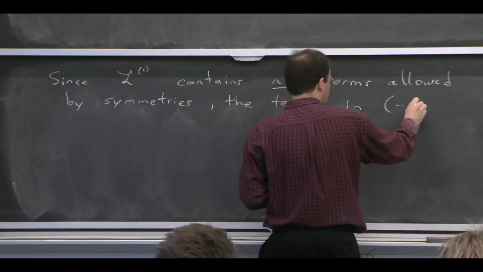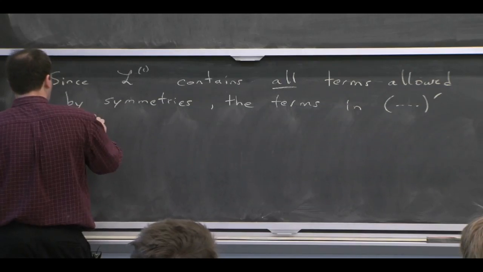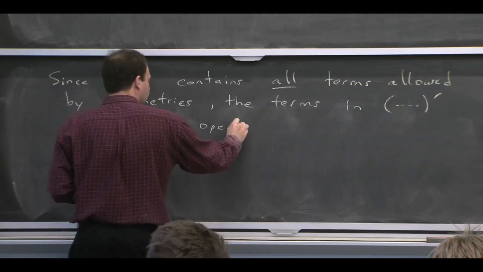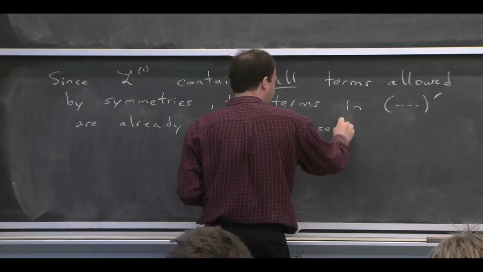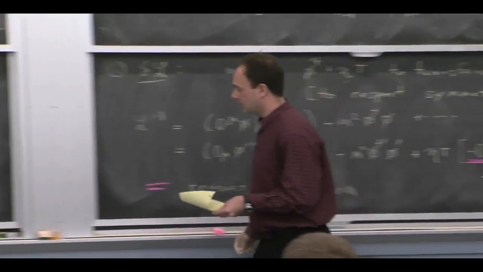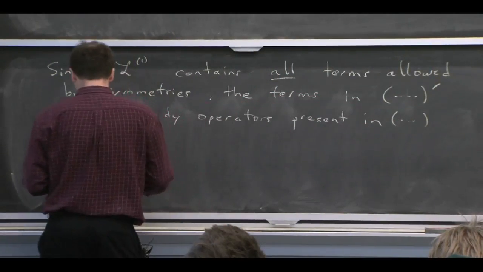So any terms that I didn't write, which are all these terms in the dot dot dot prime, are already operators that are present in the other dots that I didn't write. OK, so there were some dots here. There were some dots there. Even if I include operators in those dots, the operators in these dots are already present in those dots.